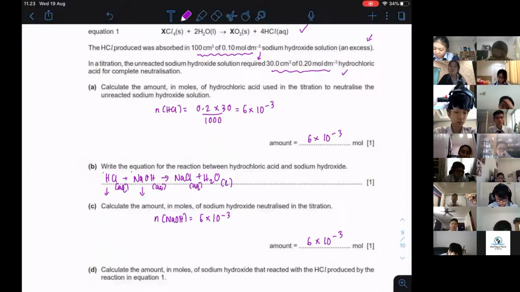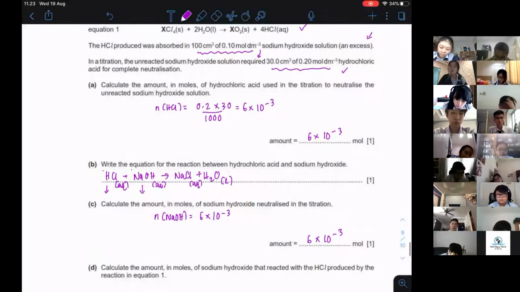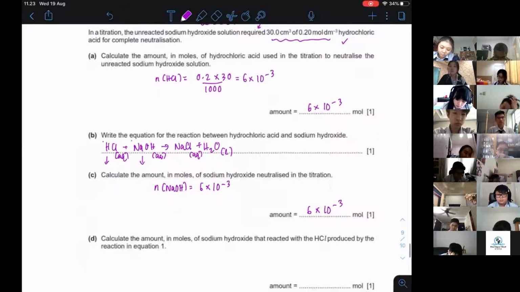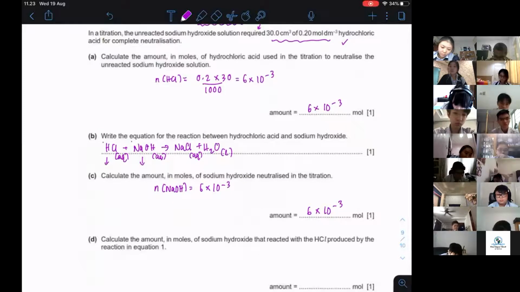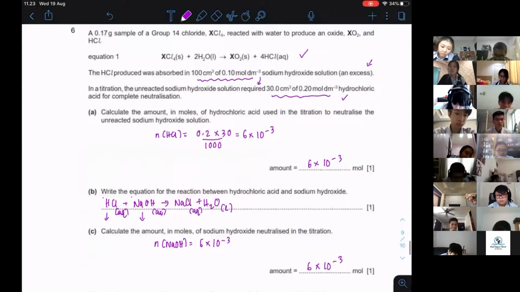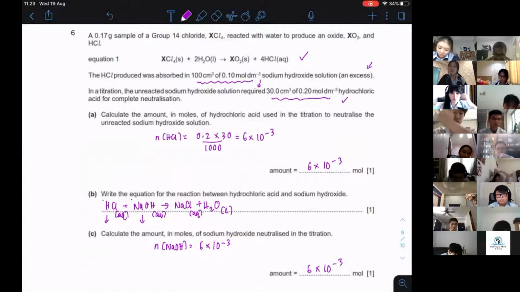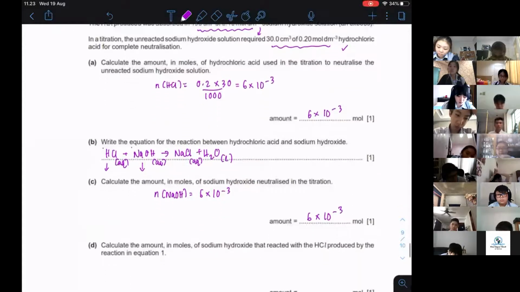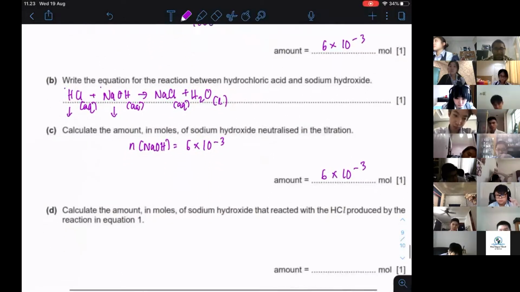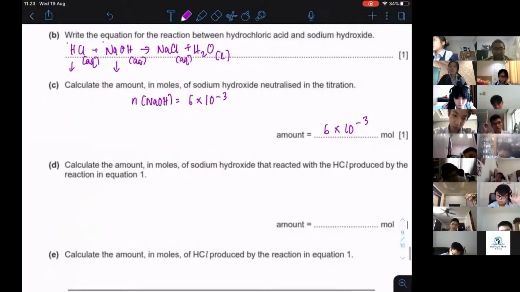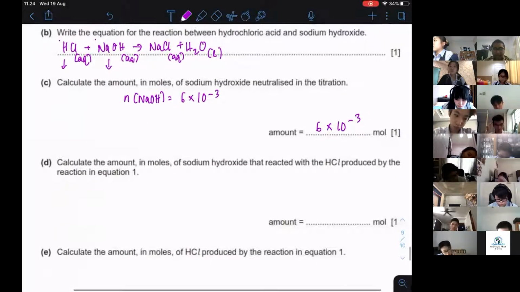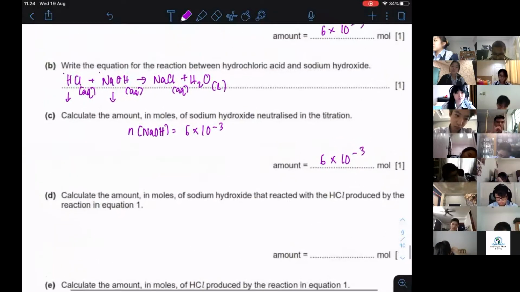The sodium hydroxide that will react is the one we need to calculate: the amount of moles of sodium hydroxide that reacted with the HCl produced in equation number 1.